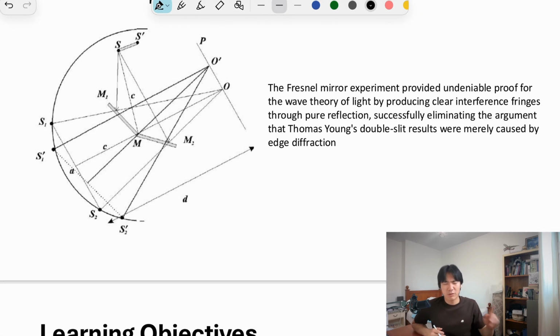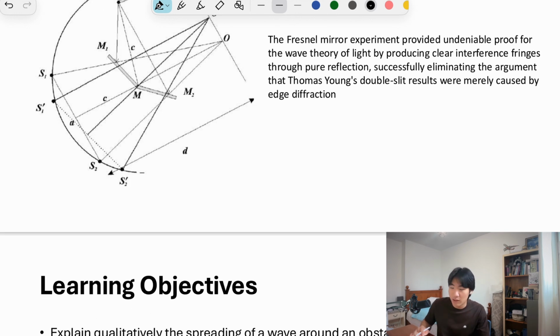But one last thing, which I think I forgot to mention in the double-slit experiment, is how Thomas Young carried out his double-slit experiment. As I mentioned, he didn't have a laser, but he somehow managed to do the double-slit experiment. The way he did it was basically, right, he only had access to sunlight. So he used the sunlight, and then he shot it through a single slit to produce coherent light. Then from this single slit, he passed it through a double slit so that he knew that this source of light was coherent, right?